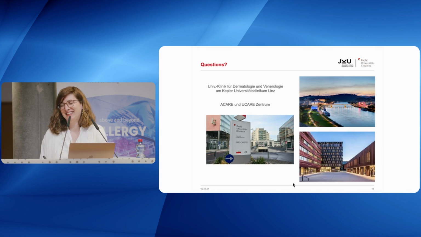Thanks. So thank you very much for the very interesting talk. Do you know of any patients where people have tried to treat with rituximab in these autoimmune type 2B patients? Actually, I would not be aware of really published data on that. It would kind of make sense, but I'm not aware of it.